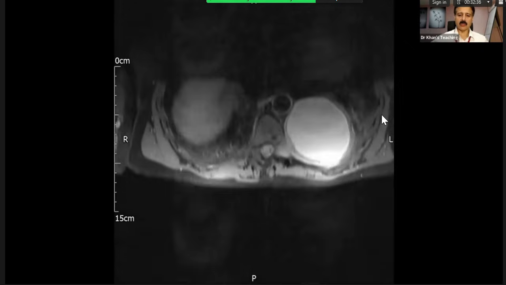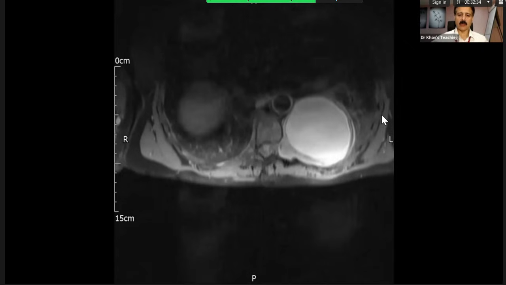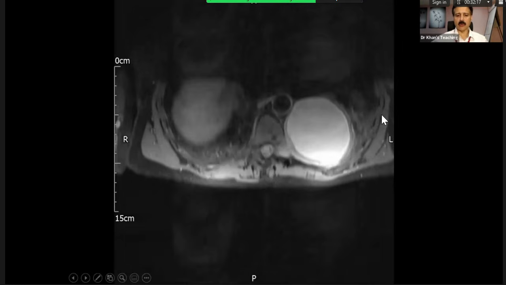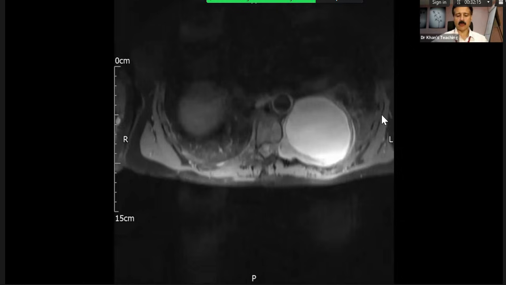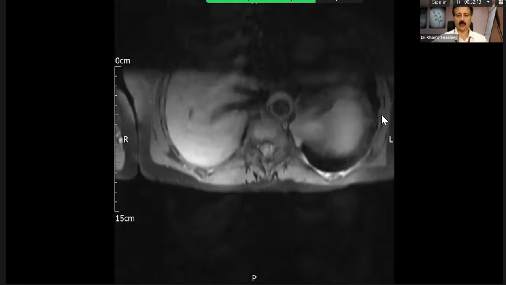And this was given just so that you can compare it. Of course, in the real world, on a DICOM viewer, the next sequence will be with it, so you will not be handicapped. But this was high signal, means the simplest thing is that it's hemorrhagic component. Of course, it can be proteinaceous, but it's hemorrhagic component.